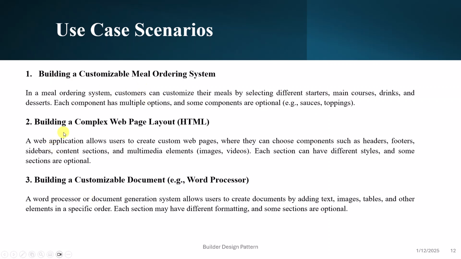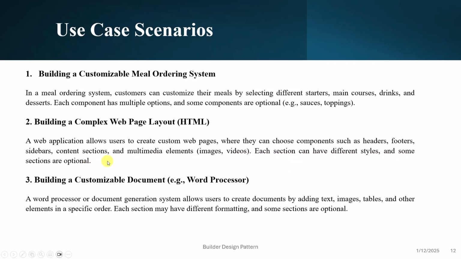Another example is building a complex web page layout like HTML. A web application allows users to create custom web pages where they can choose components such as header, footer, sidebar, content section, and multimedia elements like images or videos. Each section can have different styles, and some sections are optional.